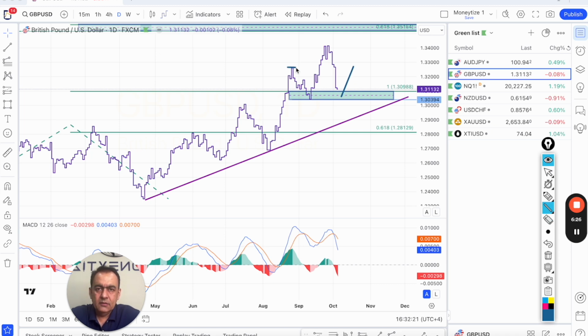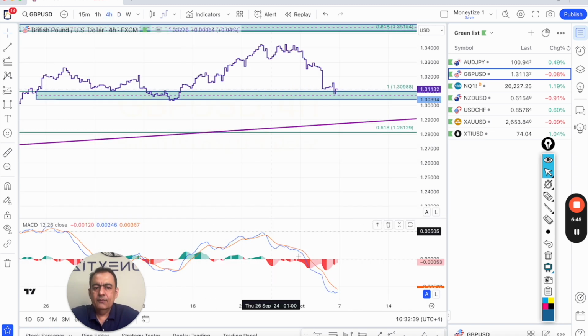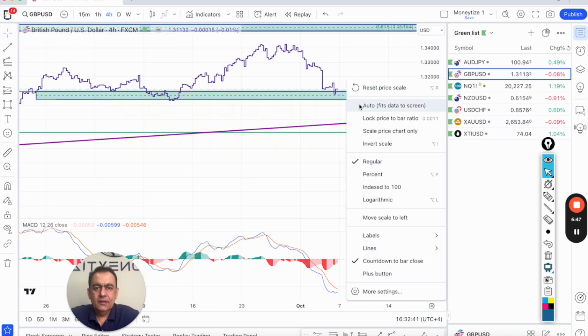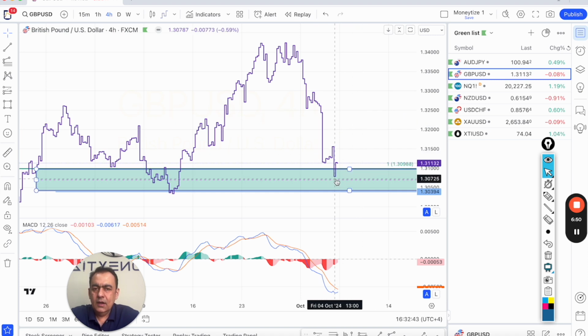It might go back to the previous resistance, and it may complete head and shoulders pattern here and continue further downwards. Based on histogram, there is no bullish divergence, so the momentum in the bullish direction is intact.